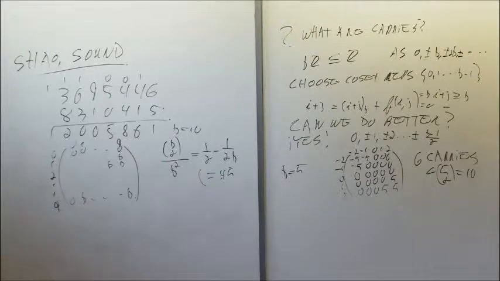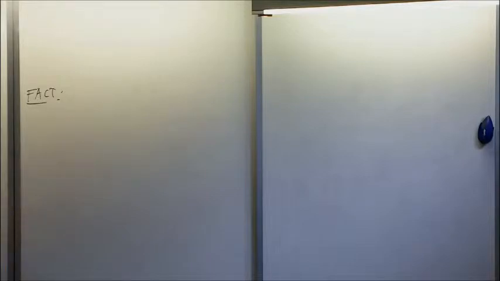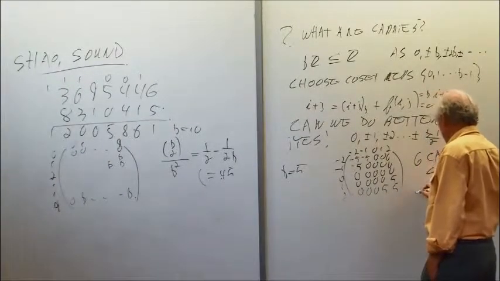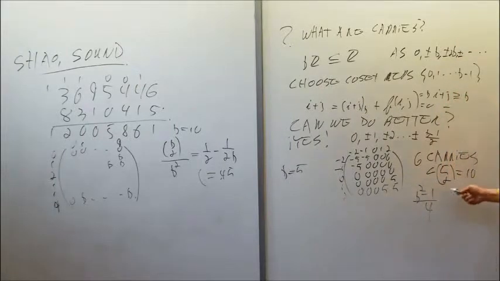So an easy fact is that that's the best you can do. So in general, if you are base b, if b is odd, it's (b squared minus 1) over 4 carries. And if b is 5, that's 24 over 4, which is 6.